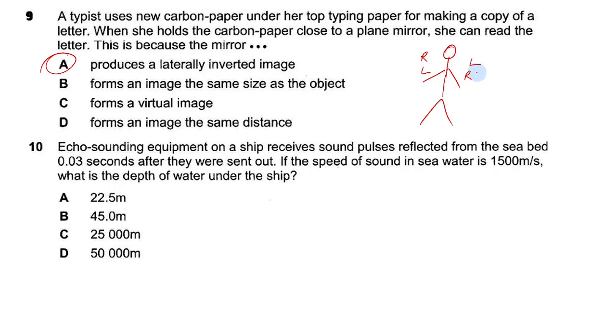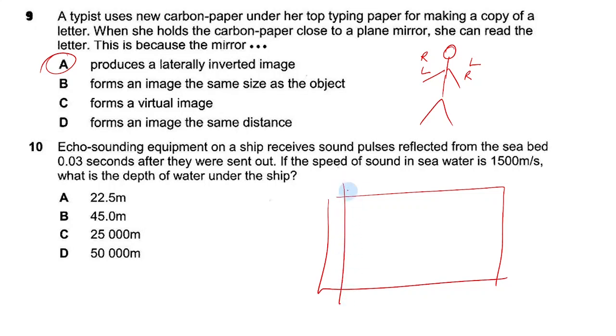So on a carbon paper, this person is reading through the carbon paper. If you put the carbon paper down and then you put another paper on top of it, then you are writing here, KLS. So this will also be produced on the carbon KLS as it is.